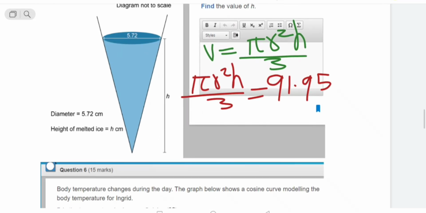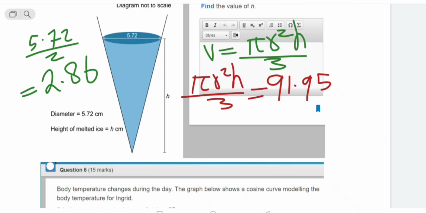Now I will make h the subject. This r is the radius of the cone. What is the radius of the cone? This is the diameter, so what is the half of this one? 5.72 divided by 2 equals 2.86.